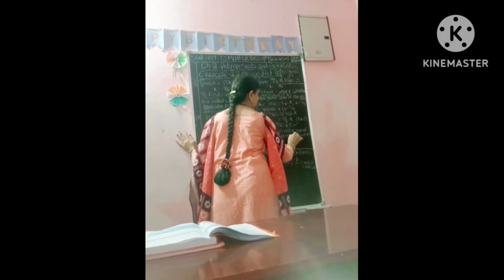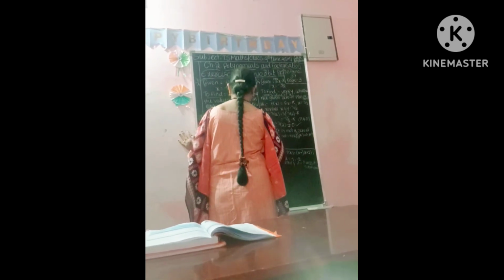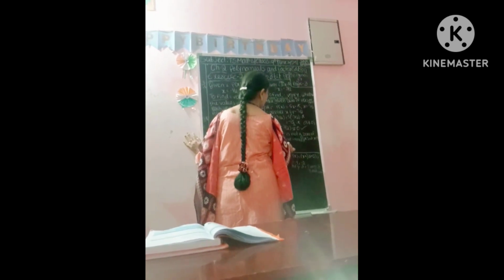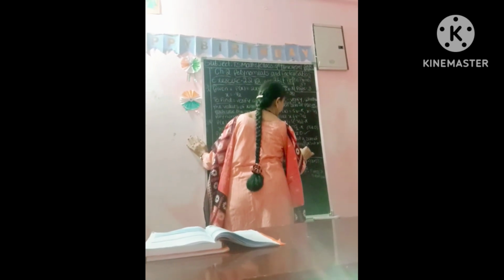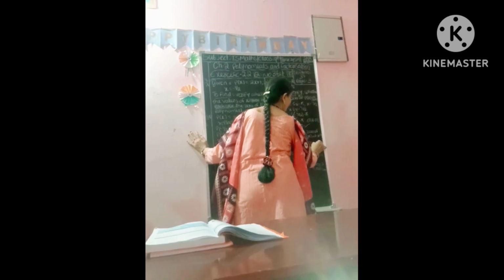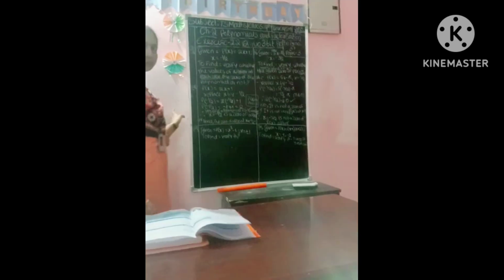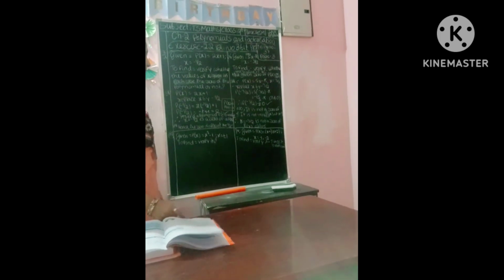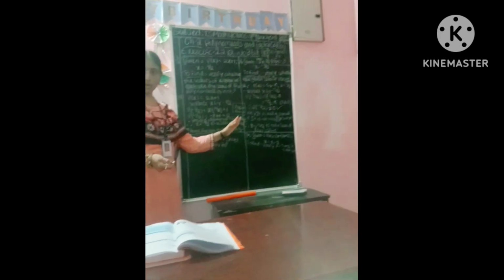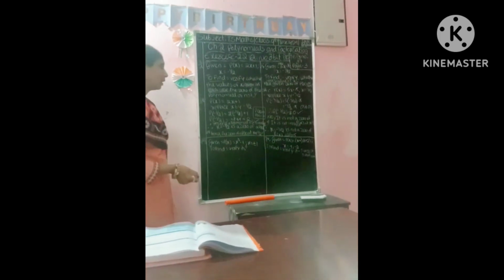Therefore, x equal to minus 3 by 2 is not a 0 of the polynomial p of x. Is it a 0 of the polynomial? No, it is not. So it is not verified. So our solution is correct.